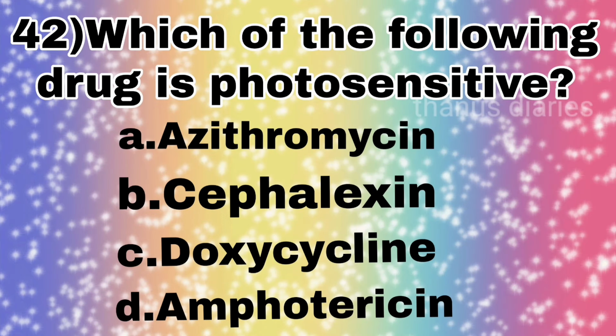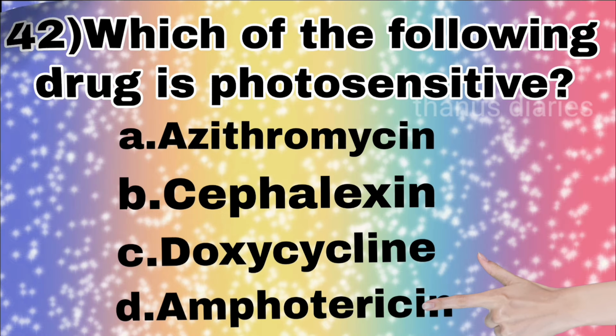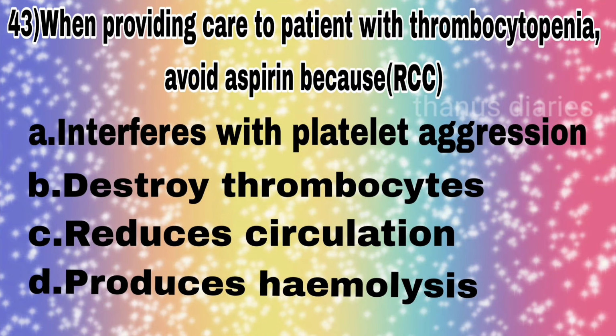Next question. Which of the following drug is photosensitive? Azithromycin, cephalexin, doxycycline, amphotericin. And the answer is amphotericin. Next question. When providing care to a patient with thrombocytopenia, avoid aspirin because it interferes with platelet aggregation, destroys thrombocytes, reduces circulation, produces hemolysis.